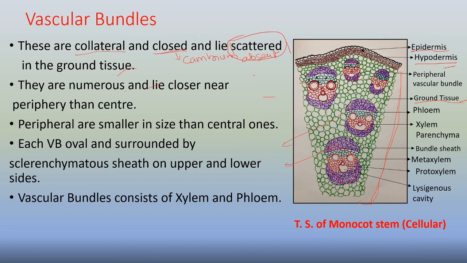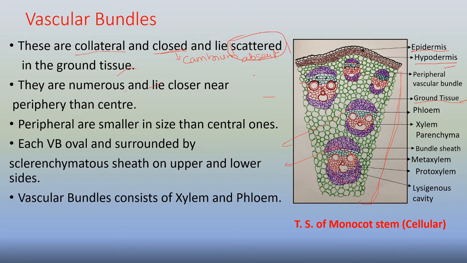So, vascular bundles mainly consist of the xylem and phloem, and those are the vascular tissues that we will see in detail. But the important thing what we have to learn from this figure is that the vascular bundles are present in a scattered form. They are collateral, conjoint and closed type, and the peripheral vascular bundles are more in number as compared to the central vascular bundles.